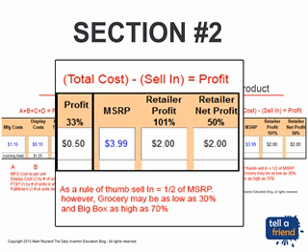The retailer profit, that's a 100% margin. So we have two different numbers here. We have a retailer profit, which represents a 100% margin, or what we call a keystone, and then we have the retailer net profit, which represents a 50% margin.